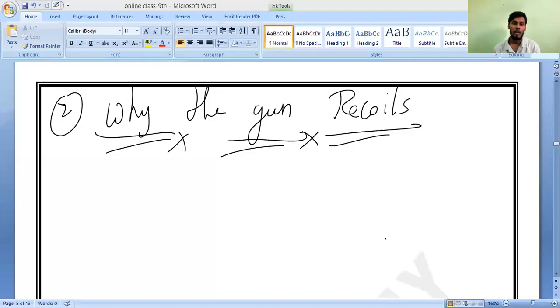First you understand what recoil is, then later you can understand Newton's third law of motion, action and reaction, behind this recoil. So please note it.